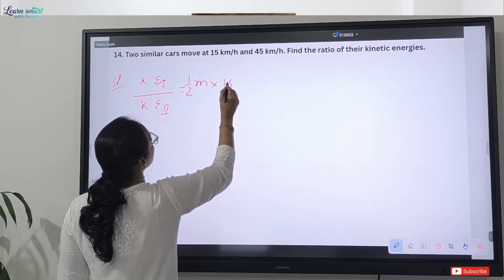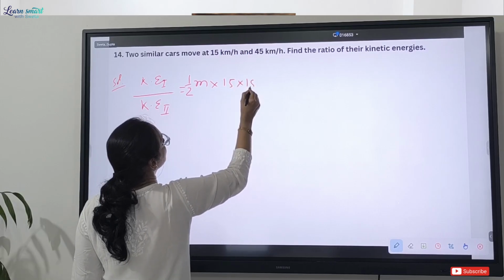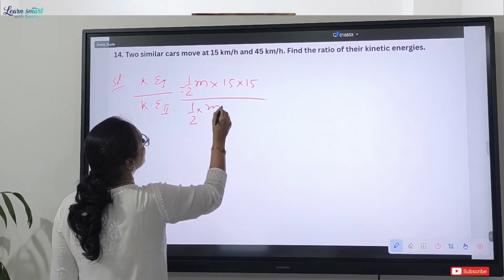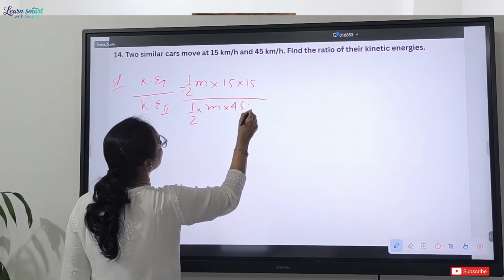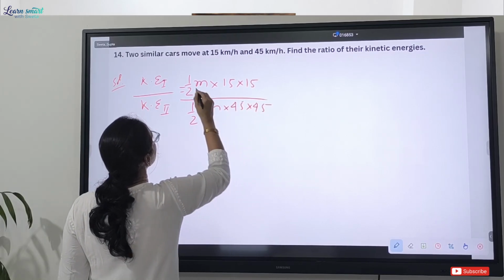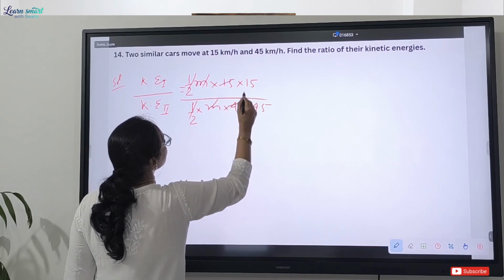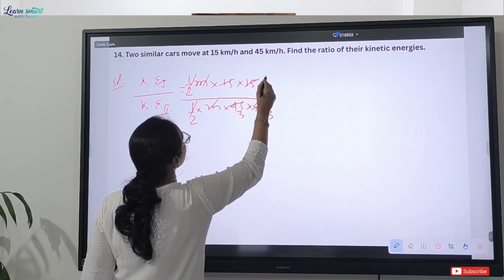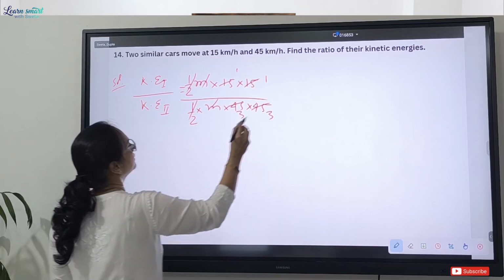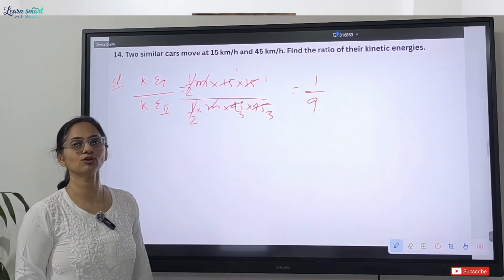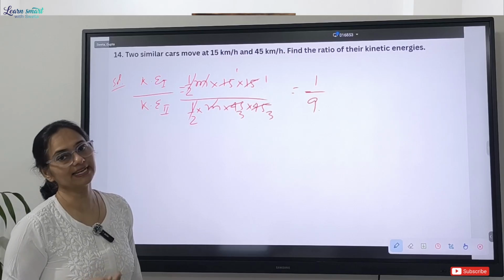Velocity is 15, 15 square, so I will write 15 into 15. And this is half m into 45 into 45. Just cancel, 15 3 times and 15 3 times. So we get the ratio as 1 upon 9, and that's how we can solve the question very easily. Let's see the next question.